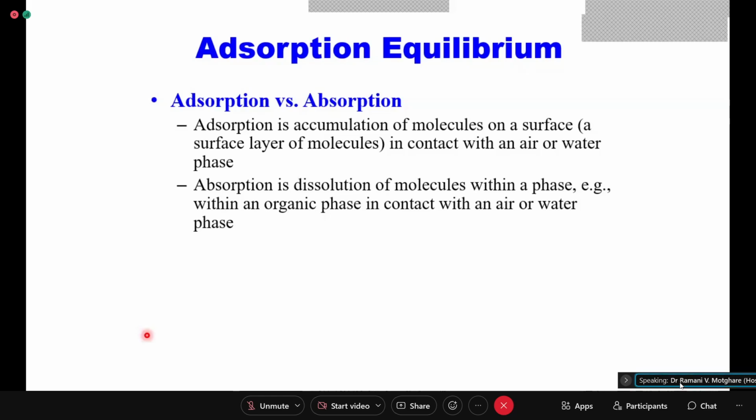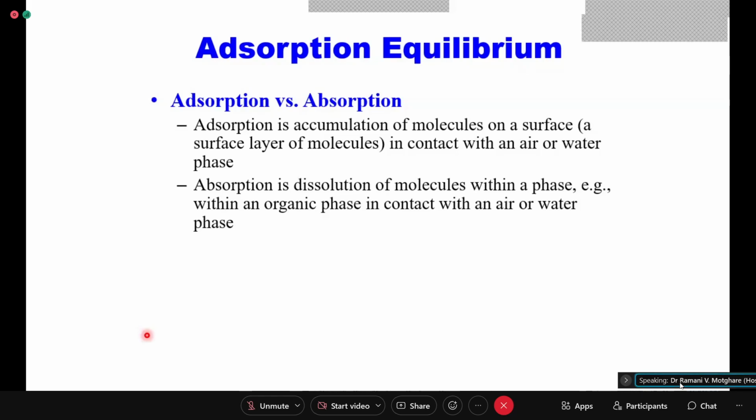Now it is better to say the presence of a higher concentration of a foreign substance on the surface of an adsorbent or another substance is termed as adsorption.